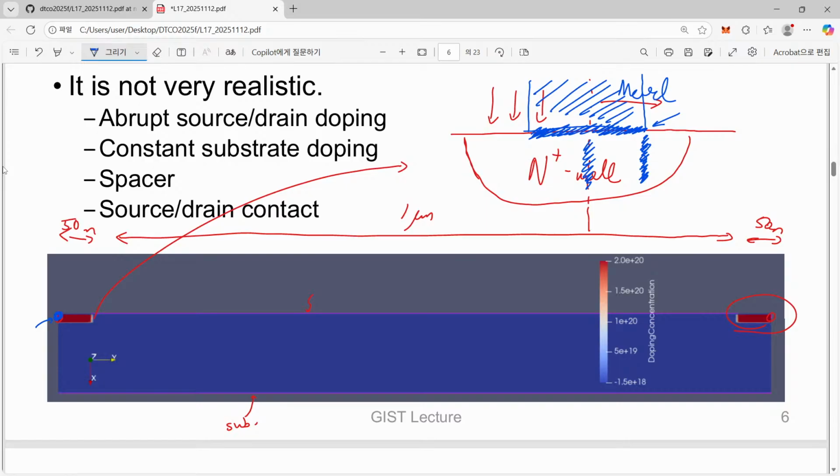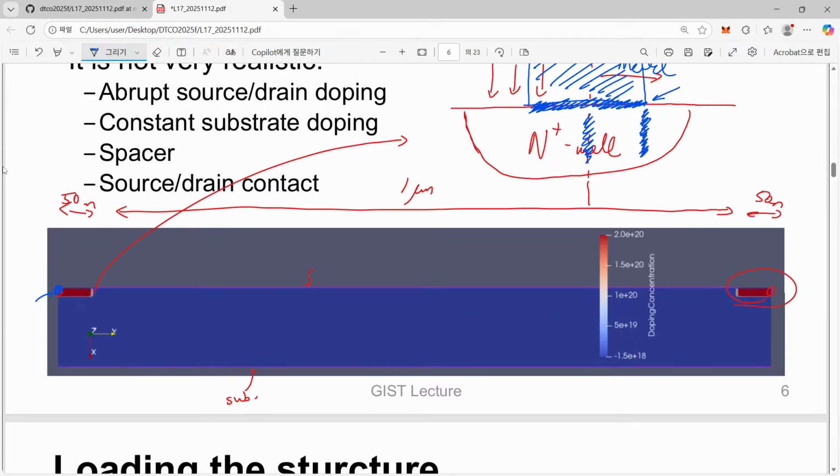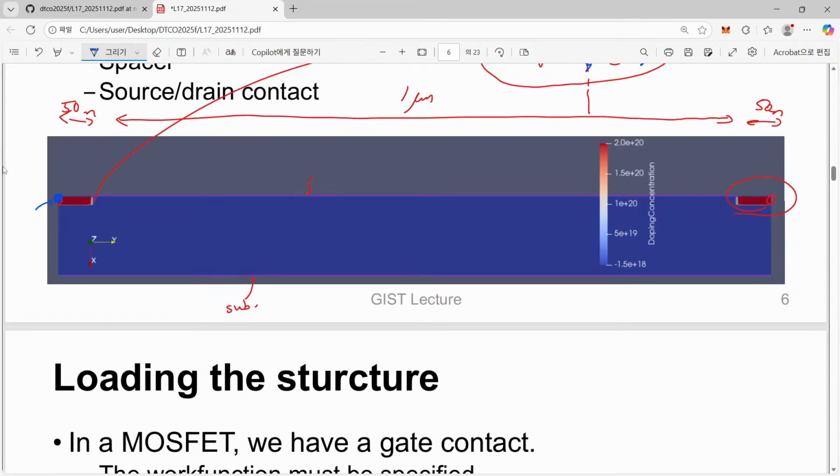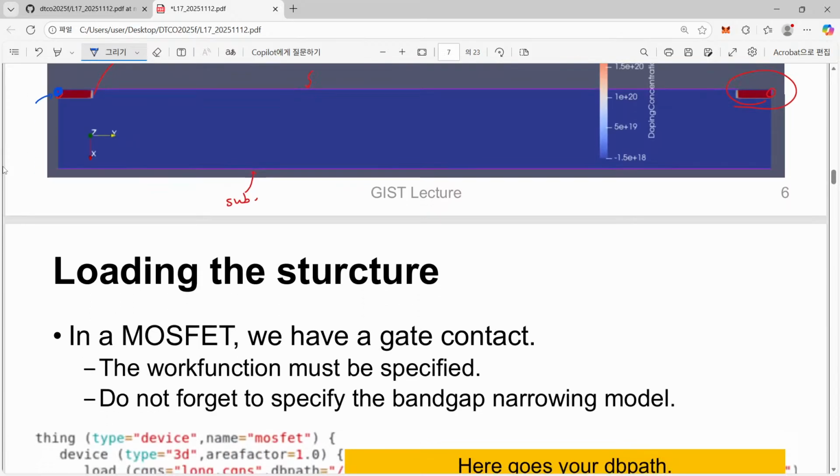In reality, nowadays, the contact itself determines quite a lot of our current conduction. So it should be carefully designed in a realistic way.